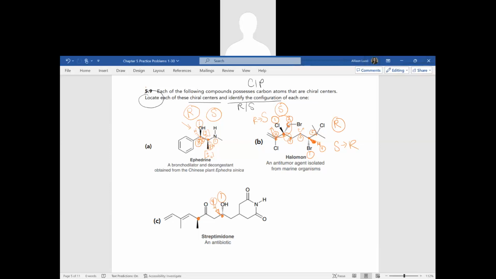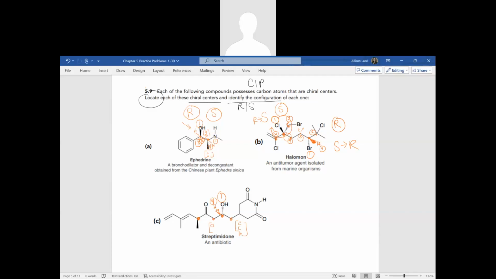Now let's look at these 2 carbons. So we go here and here first. This carbon on the right is bonded to 2 carbons and a hydrogen. This carbon on the left here is bonded to an oxygen, right?